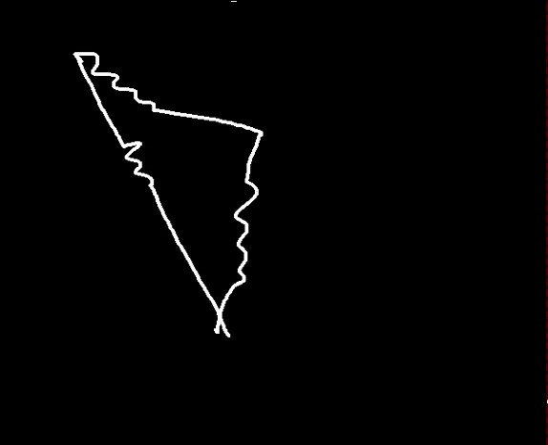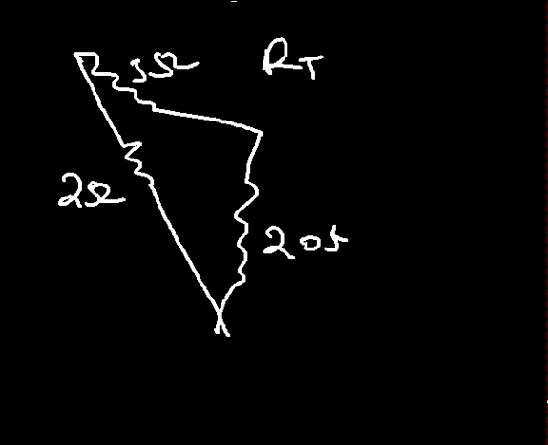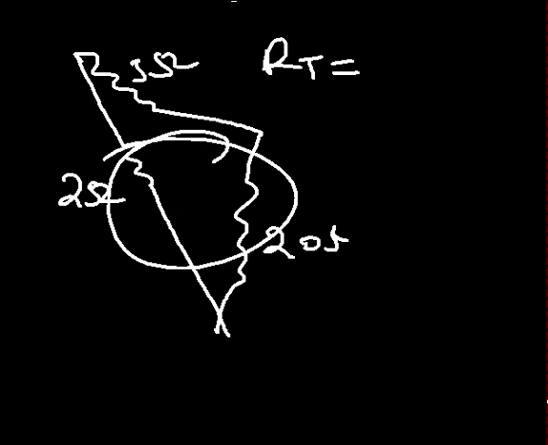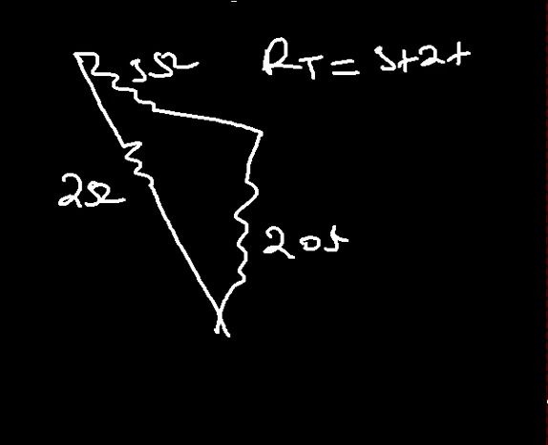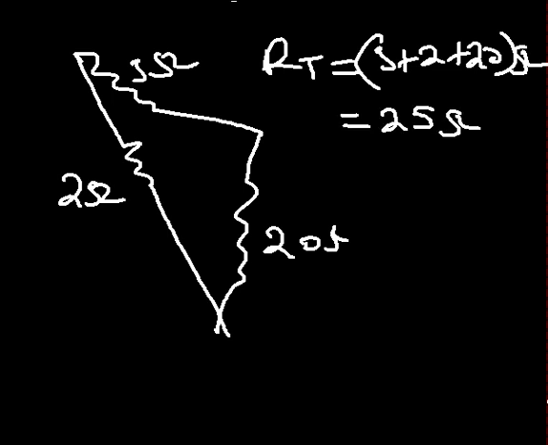Now what if we have this case? Let's say this is a 20 ohm resistor, this is a 2 ohm resistor, and this is a 3 ohm resistor. What is the total resistance in this case? This is a series circuit, because all these resistors are connected in a single wire. So we have 3 plus 2 plus 20, and the overall unit is ohms, so we have 25 ohms.